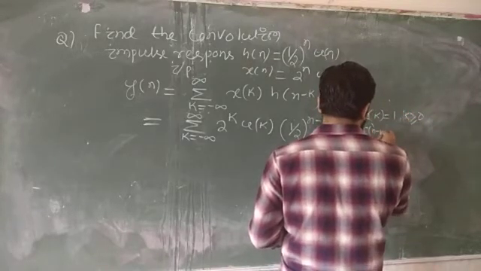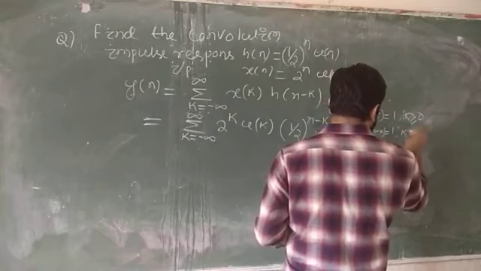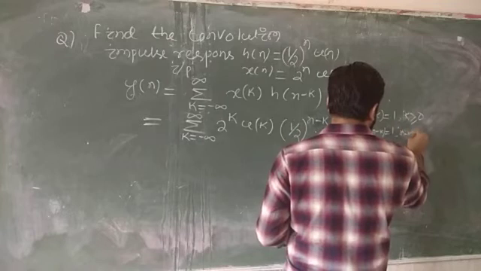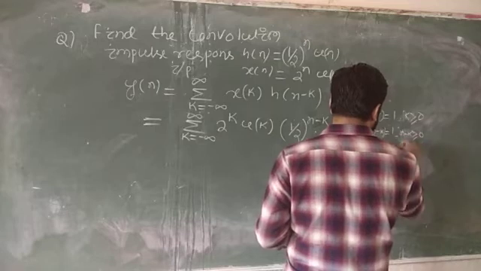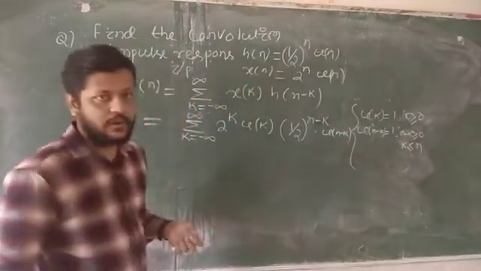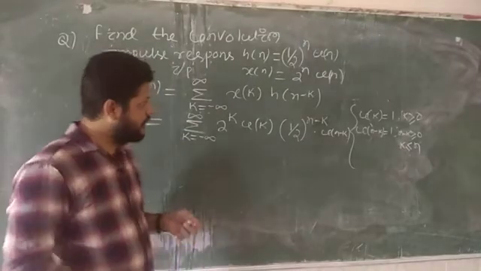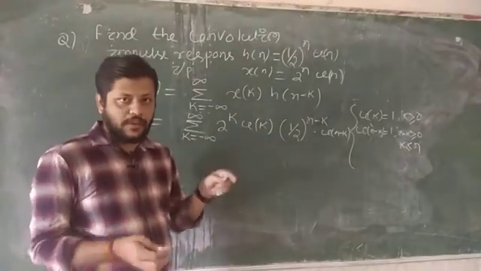Similarly, u of n minus k is equal to 1 only when n minus k must be greater than or equal to 0. That means n must be greater than k, or we can write it like this, k less than or equal to n. When these two are multiplied, we have to take the common value.